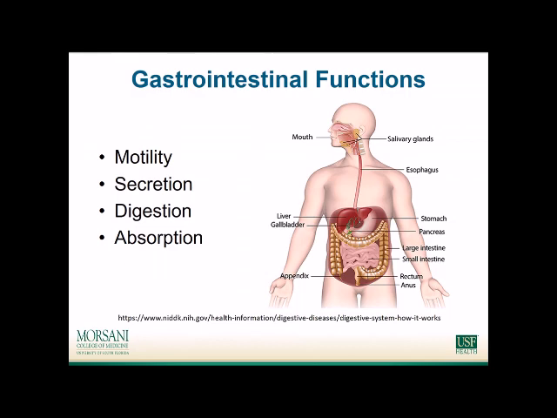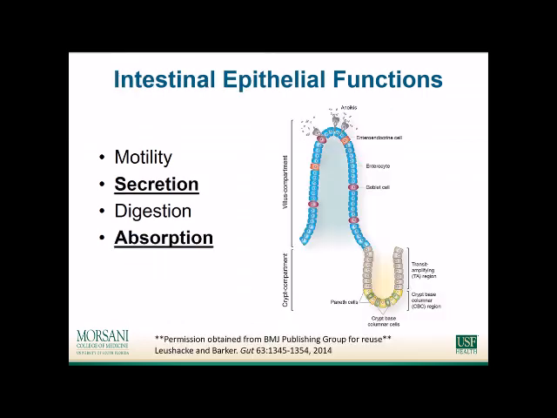So what I wanted to do today is really focus on these 2 epithelial functions, which is secretion and absorption. And we can talk about lots of different things that involve secretion and absorption in the intestine, but I chose to focus predominantly on electrolyte and water secretion and absorption, and how that works within this intestinal epithelium.